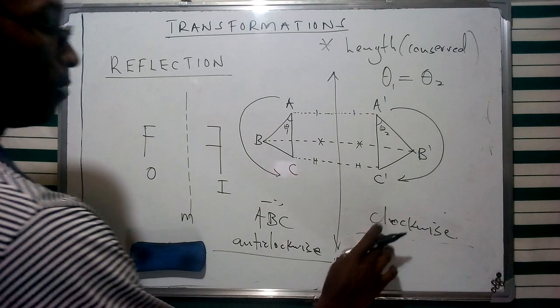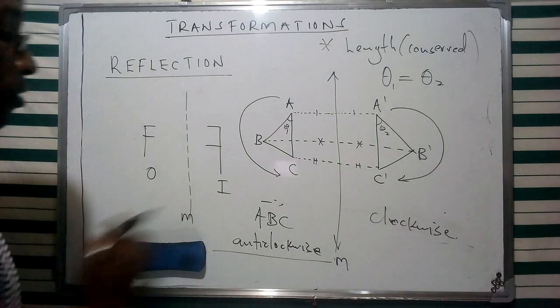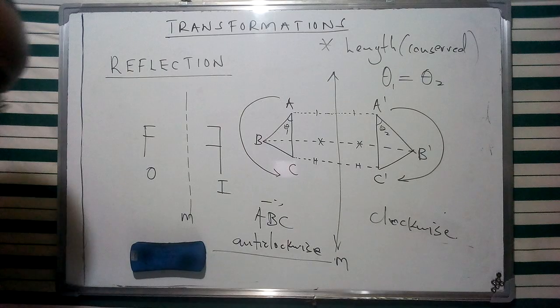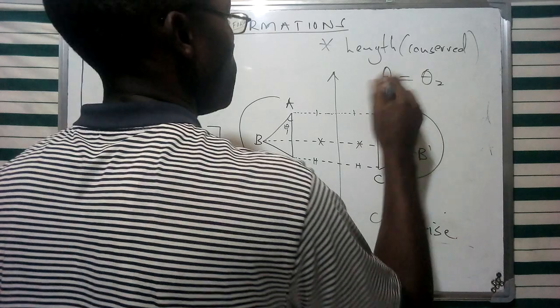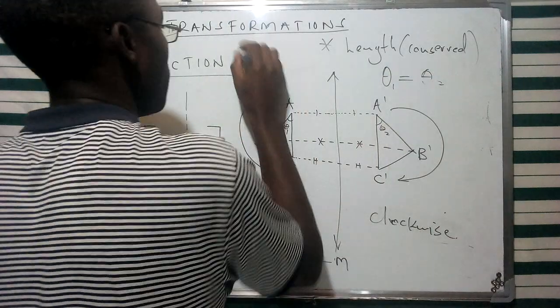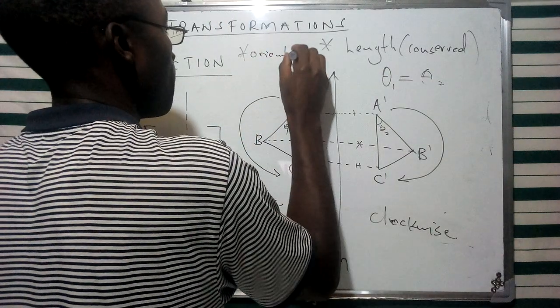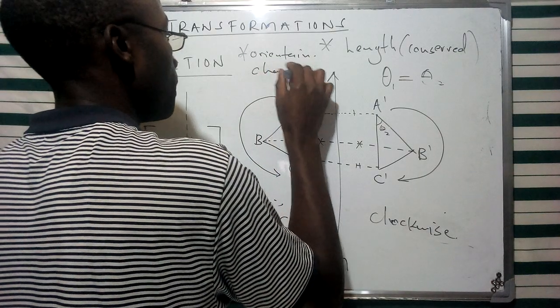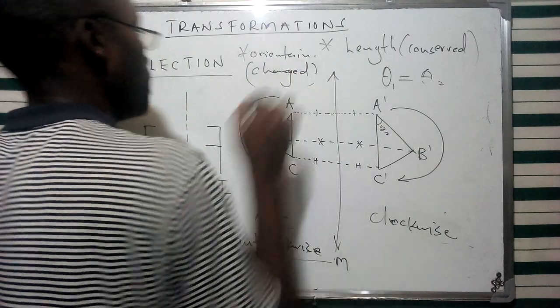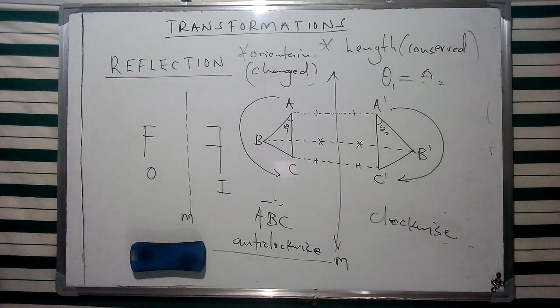Therefore, the image is going to have a clockwise orientation, while this one is going to have an anti-clockwise orientation. So orientation is going to be changed in this type of transformation that we refer to as a reflection. Those are some of the characteristics that we're going to note later.